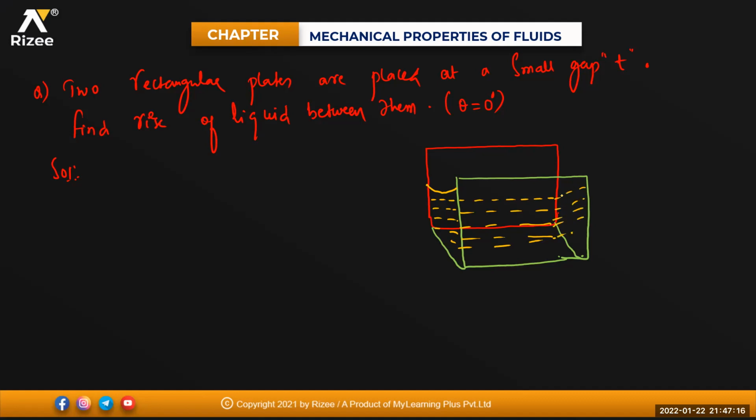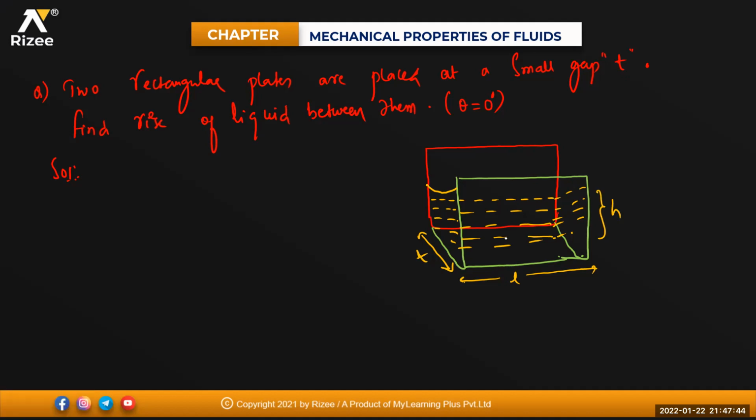It is like two capillary tubes right now. So there is a rise of the liquid in this one. This is the length of this one, beta, and this is the thickness T. Two rectangular plates are placed at a small gap. The gap between them is T. The length of that is, say, for example, L. What is being asked is the level to which the liquid will be rising. So what is the height to which it will be rising?